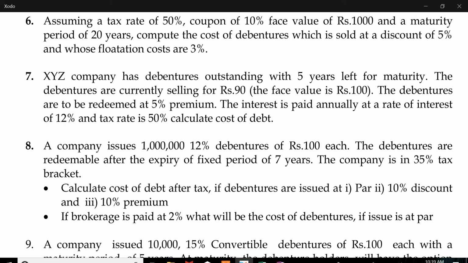Please do 7. I'll take you through 8 onwards. So, only 2 questions: redeemable, irredeemable, new issue, existing issue. You keep asking that and keep solving as per that.